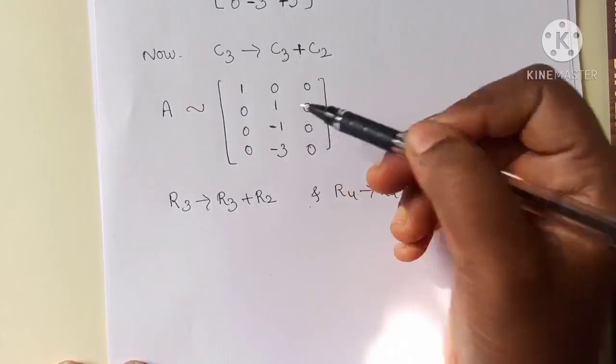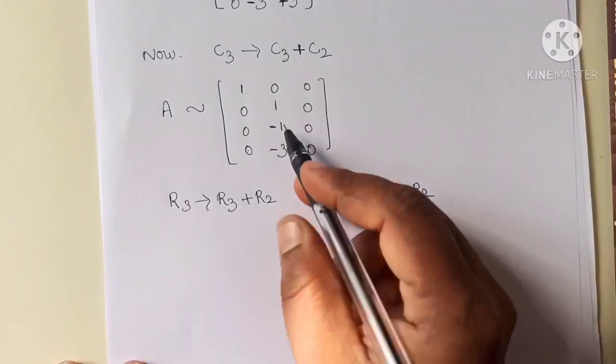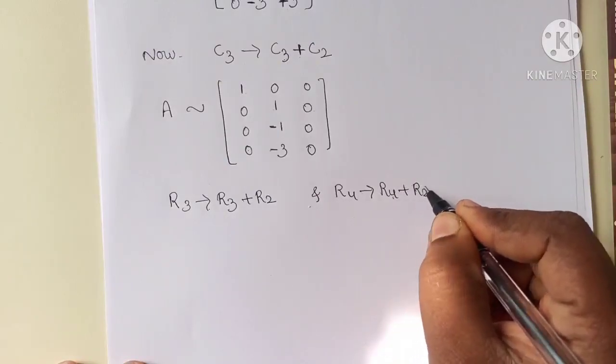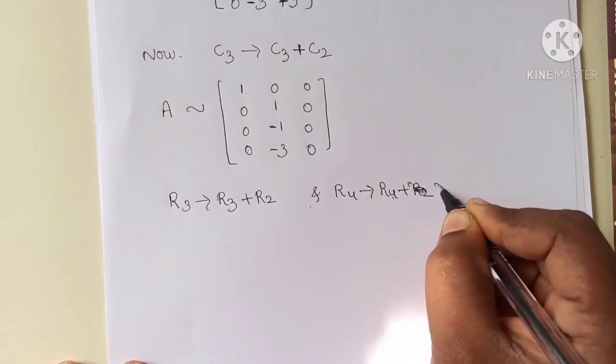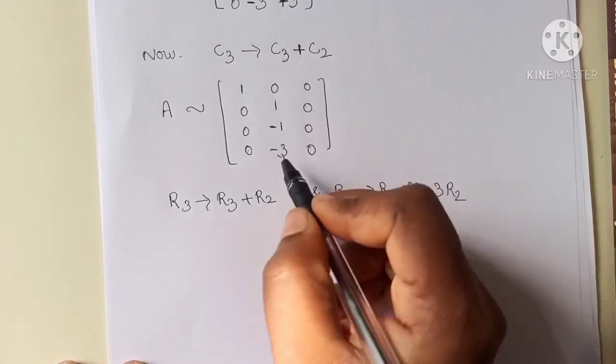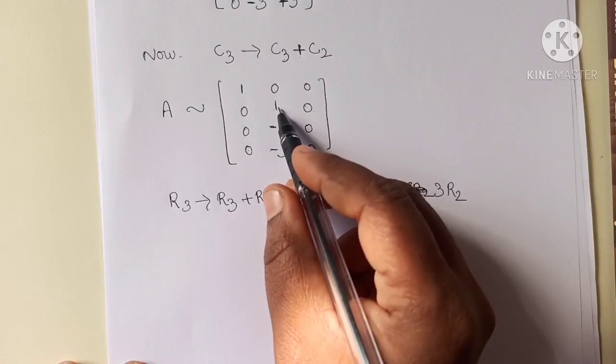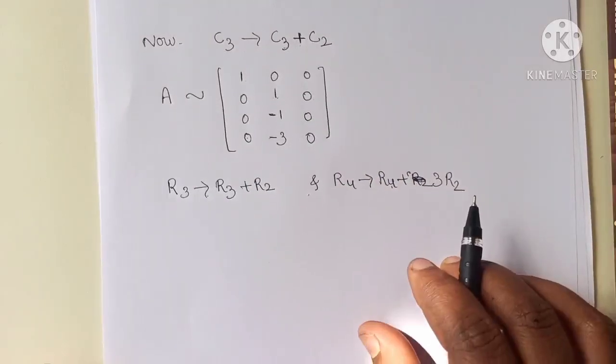Then this is not R4 plus R2, it is R4 plus 3 into R2, because this is 3, therefore if you multiply with 3 you will get 1 into 3 equals 3.